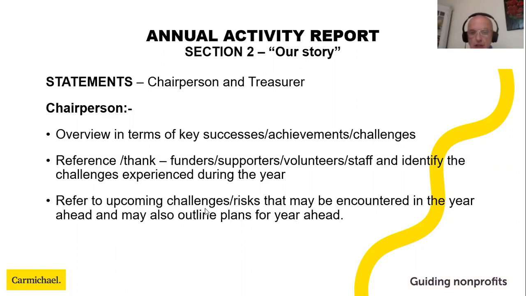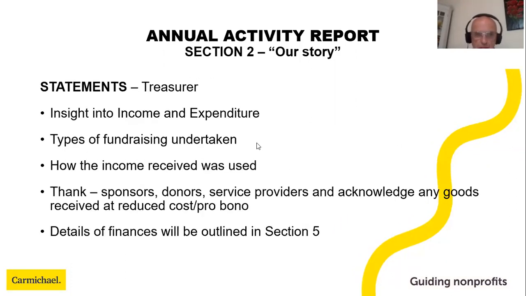May give a brief outline of what the following year is like. Again, this is in relation to the 2019 annual report, which organizations I'm sure will have completed at this stage, hopefully this presentation might help you to review it and perhaps improve on it before it is actually published.